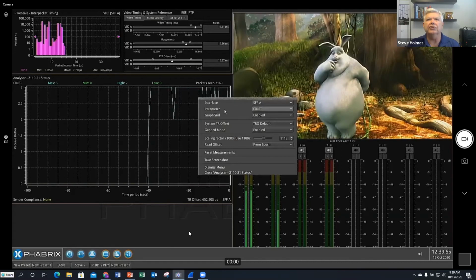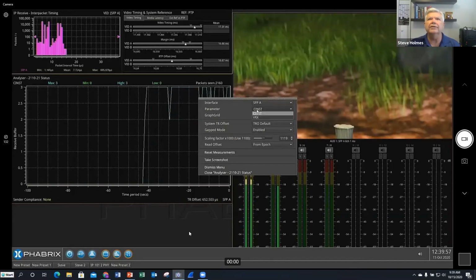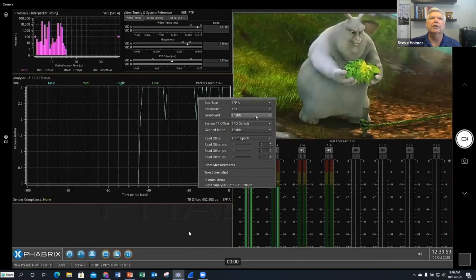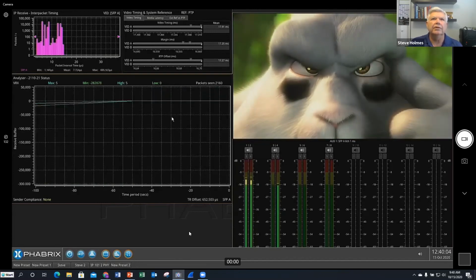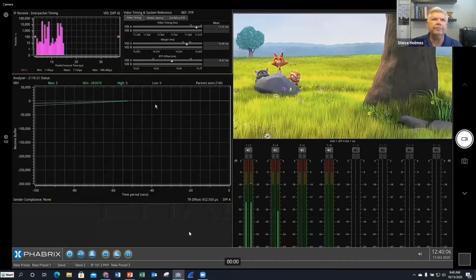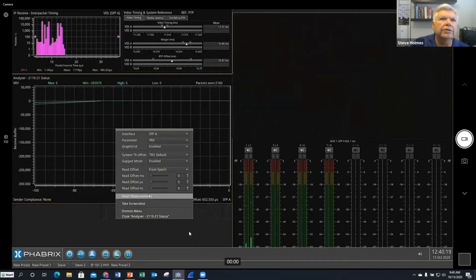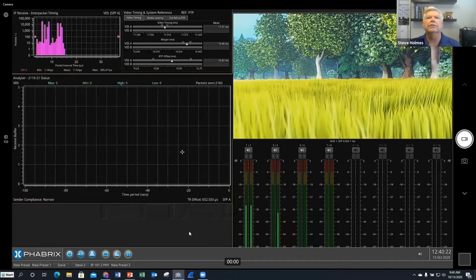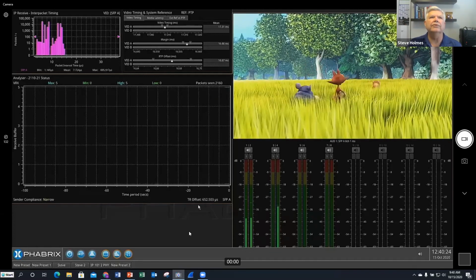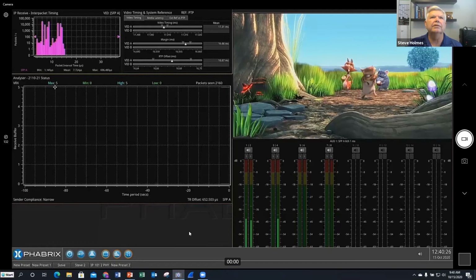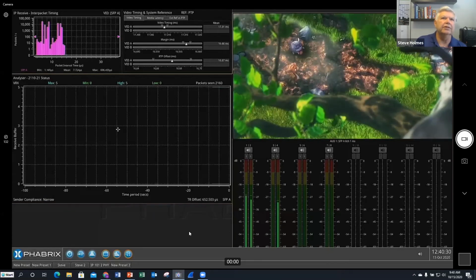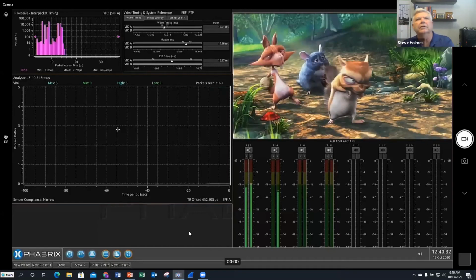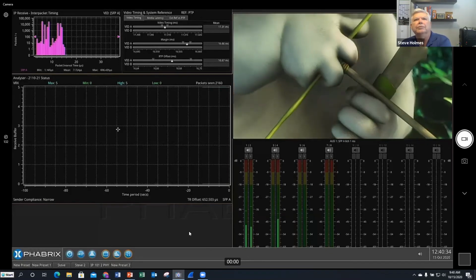Then if I change this over to look at the decode, I can turn around and look at the decode here. Reset. So now you'll see that it's coming in at right about where I'm at with this unit plugged in. It's ahead of the leader, so it's not going through as many switches.